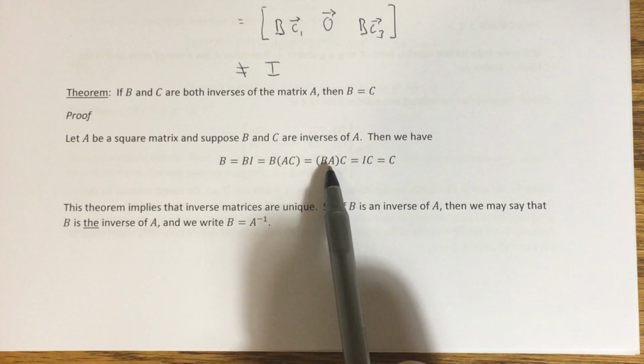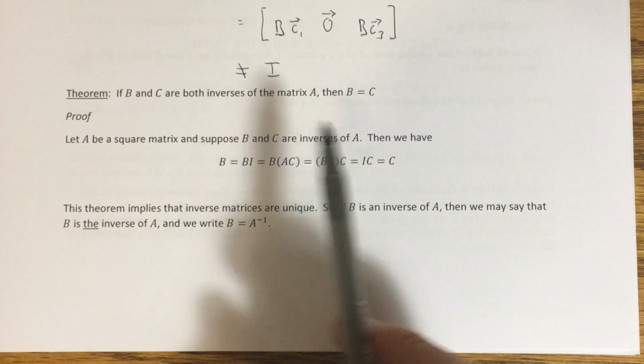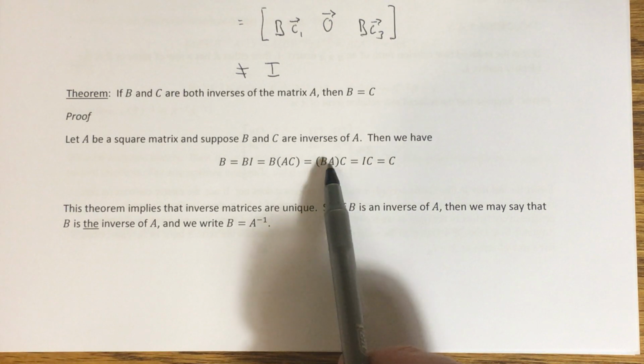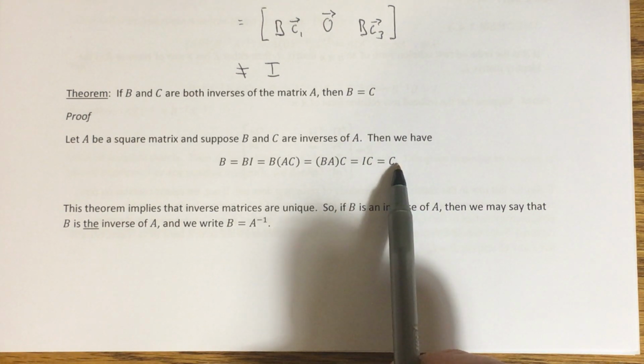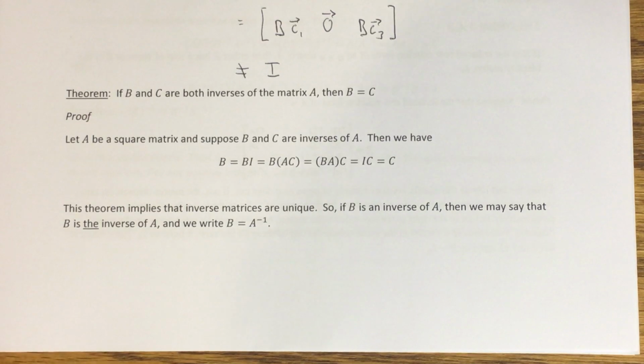And here's where I would again use my assumption. Remember, B is also an inverse of A. So B times A should result in the identity matrix. So now we have IC, but again, because I is an identity, IC will equal C. So B is equal to C, showing that if you have any pair of inverses of a matrix, then you're actually talking about the same inverse. Therefore, the inverse of an invertible matrix is unique.